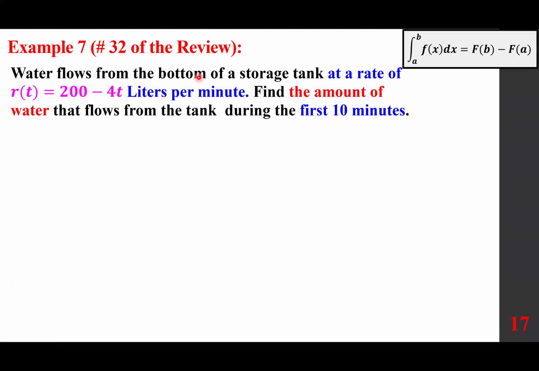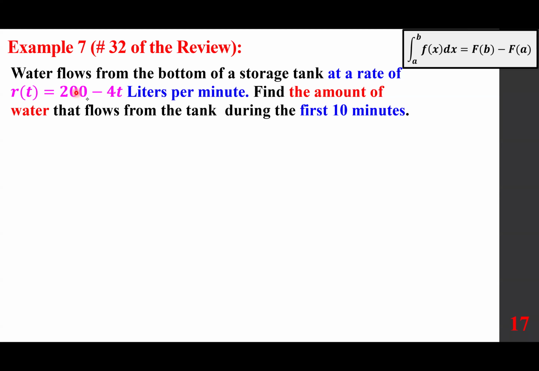Water flows from the bottom of a storage tank at a rate of R of t equals 200 minus 4t liters per minute. Find the amount of water that flows from the tank during the first 10 minutes. So we are given the rate, the derivative function.